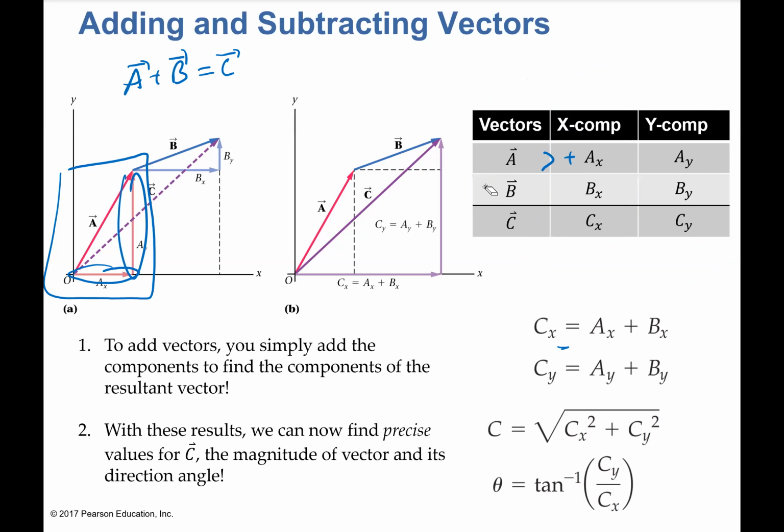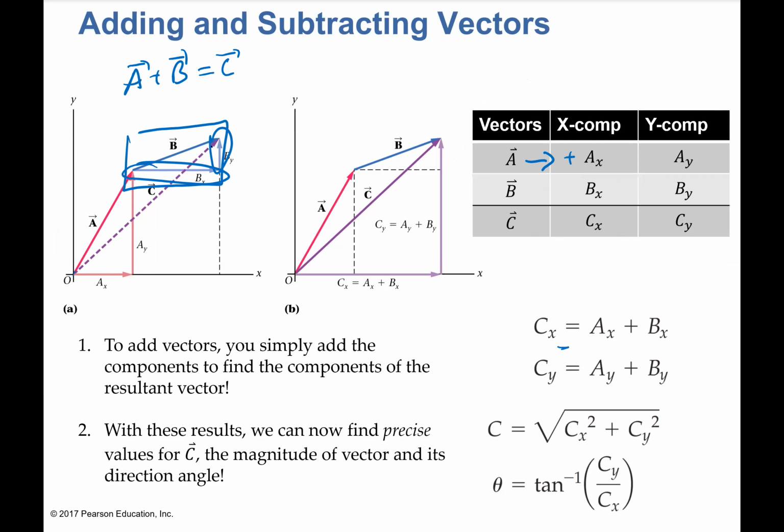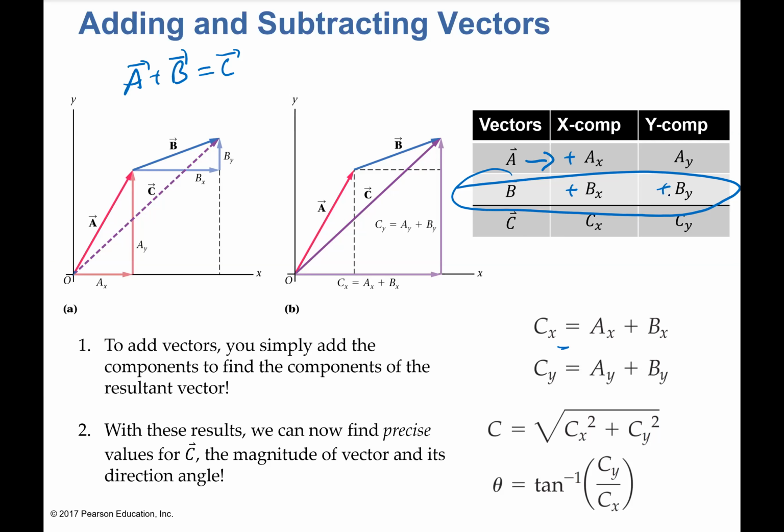All right, so then what I'm going to do here is take vector B and break it down into components like that. And if I break it down into components, I'm going to get a Bx and By. It's also in the first quadrant, so this is plus, this is plus. Okay. All right, so now what I have here is this.